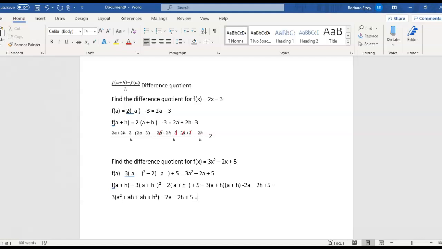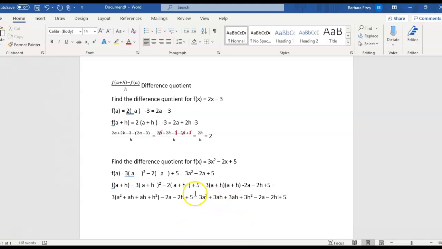Now let's multiply the 3 through those parentheses. So I'll have 3a squared and 3ah and 3ah and 3h squared. And then I'll just rewrite the rest of it.